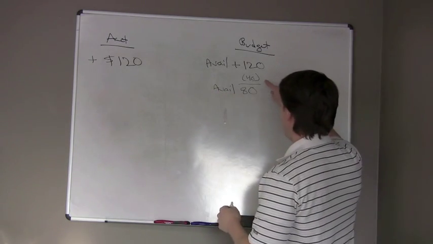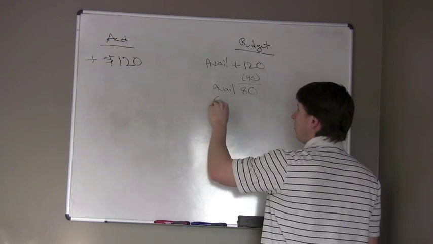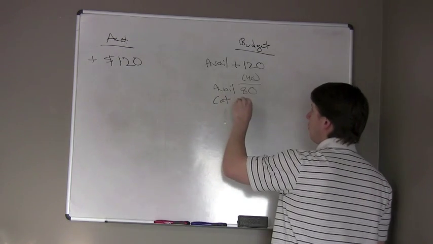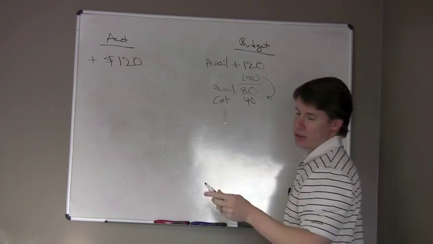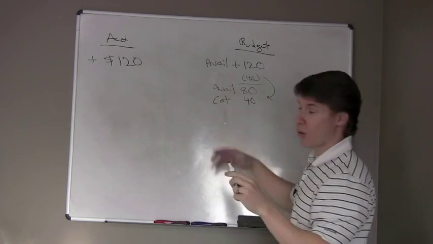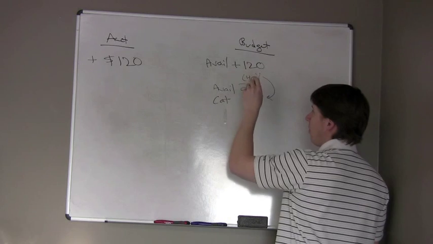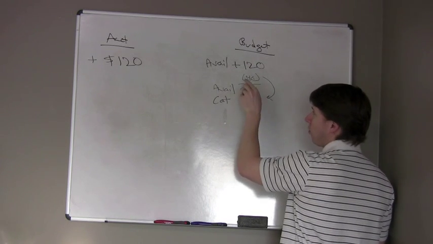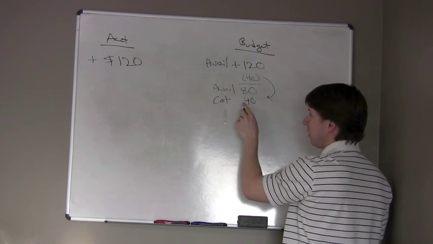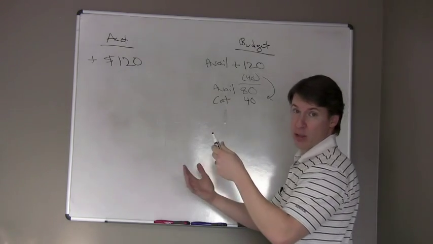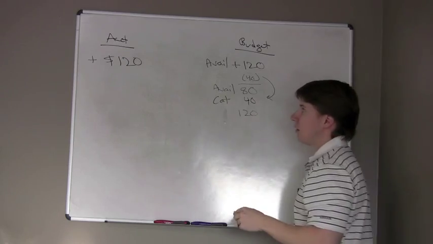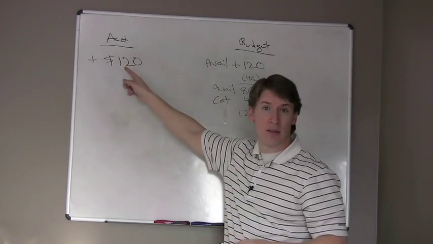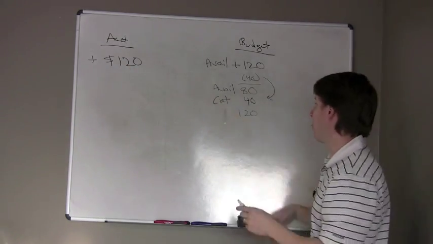But we also have a category balance now of 40. So that 40, we just moved it. A lot easier to show you in the software, but we're sticking to our whiteboard idea. So 80 is now available. The 40 we took out of available, we put to a category. So that's available to spend in a category. So we're back to 120. And of course, 120 is still equaling 120, and we're okay.